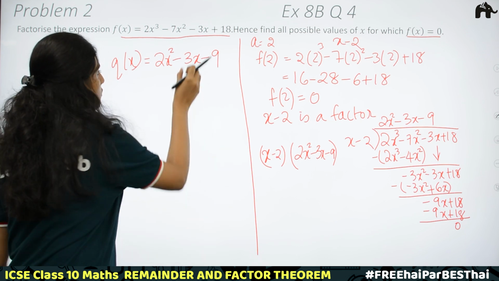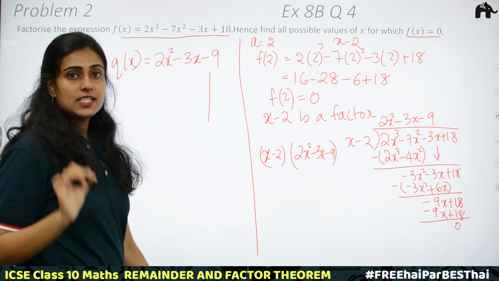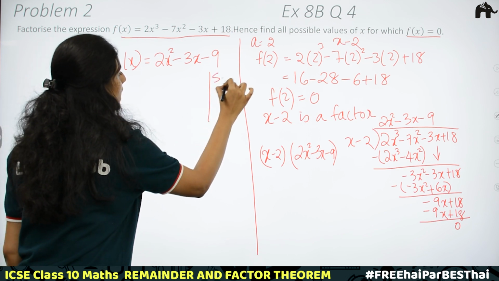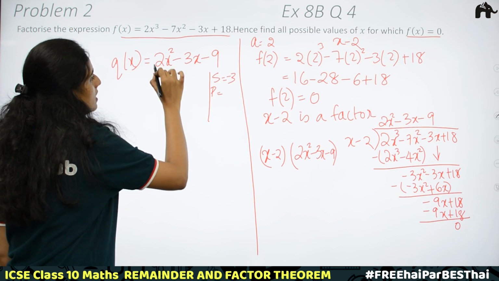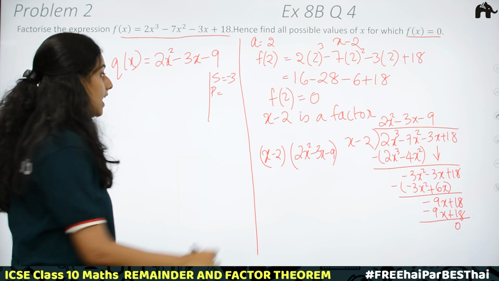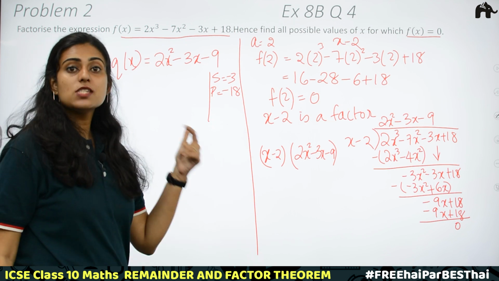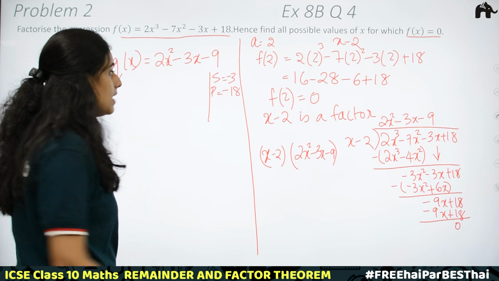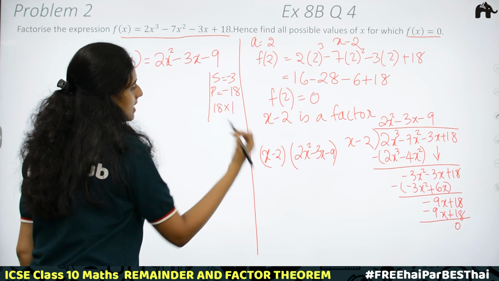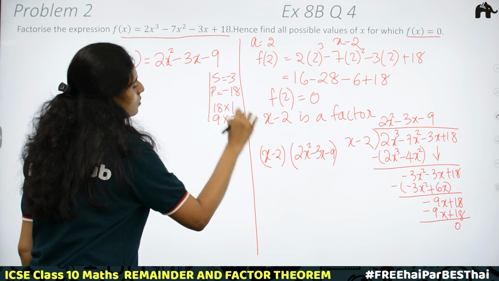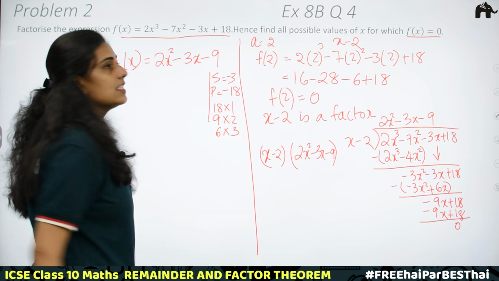We are going to factorize this by splitting the middle term. We need to choose two numbers such that the sum is equal to minus 3 and the product is equal to a into c, that is 2 into minus 9, minus 18. Here in the product we have negative, which means one number should be negative and the other should be positive. To get 18: 18 into 1 is 18, 9 into 2 is 18, 6 into 3 is 18.